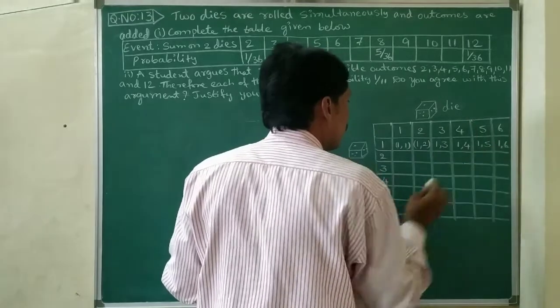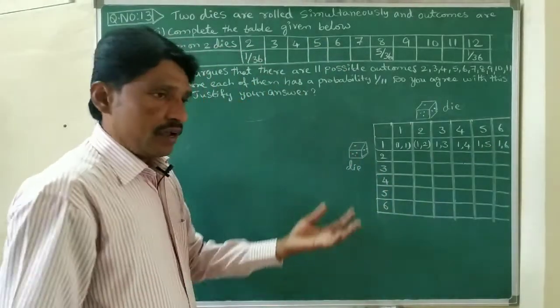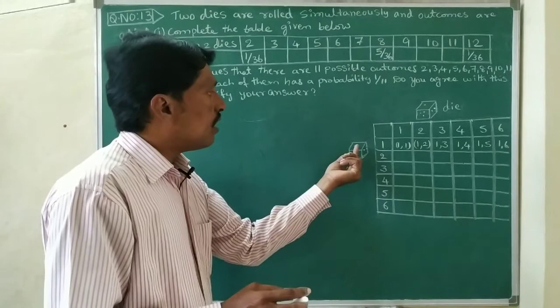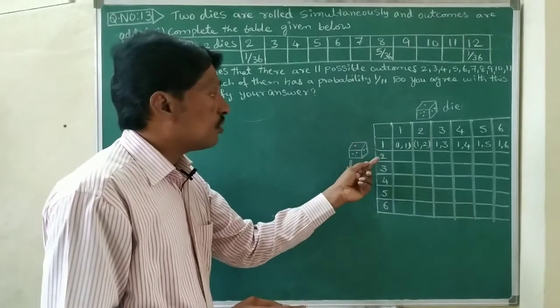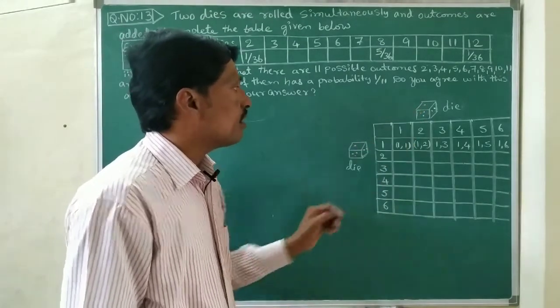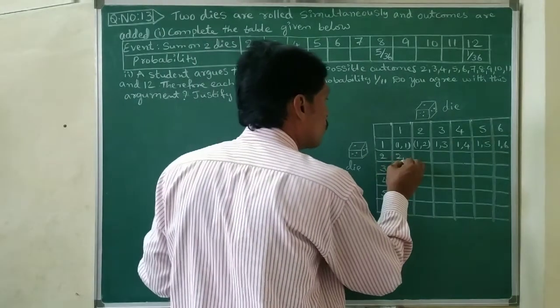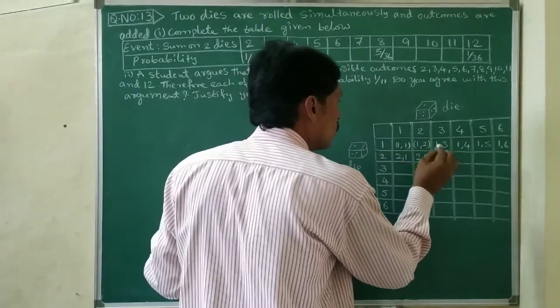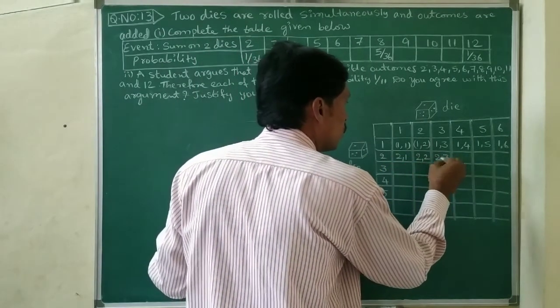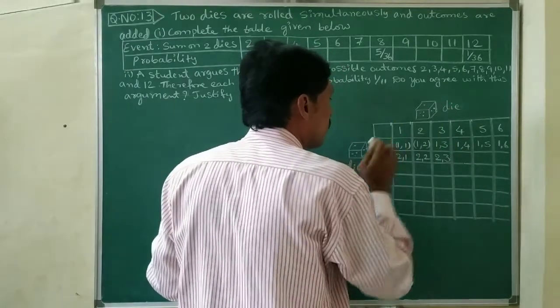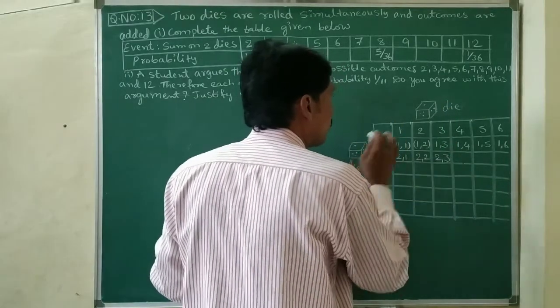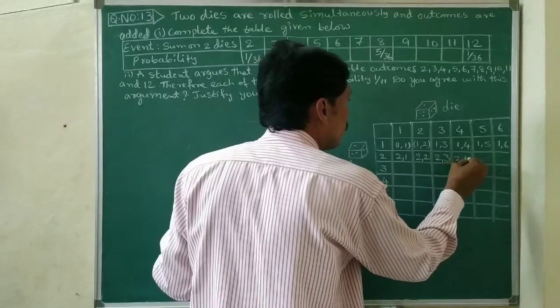1 comma 6. Next, in this, on the top, we are getting 2. Here we are getting 1. Means we can get 2 comma 1, 2 comma 2, 2 comma 3. On the top face, here 3, here 2. Here 2 and here 4, 2 comma 4.